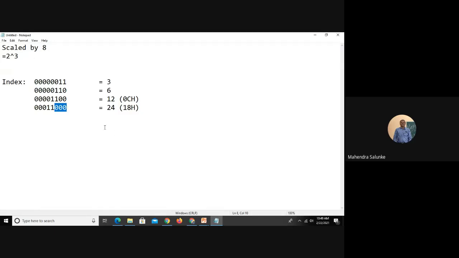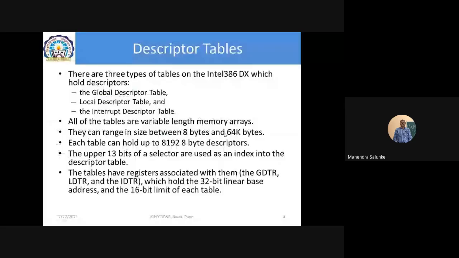All right, after scaling it by 8. Now if I show you the segment selector from where we are getting this 13-bit index value, then you will understand what exactly is happening inside the processor. This is a very in-depth discussion, but ultimately it will help us understand how it is actually accessing a particular descriptor.